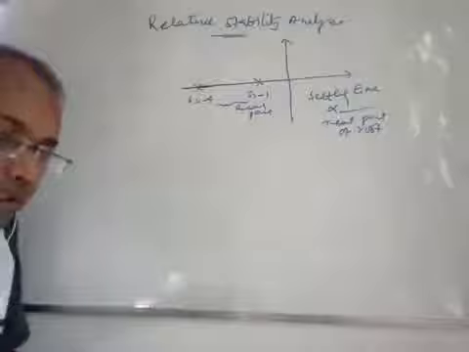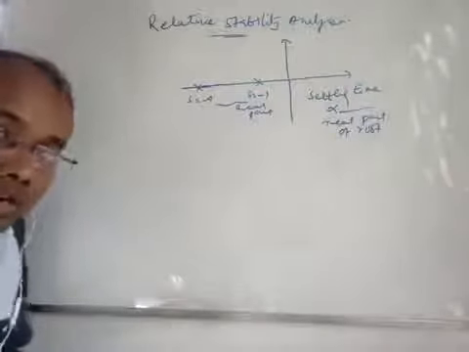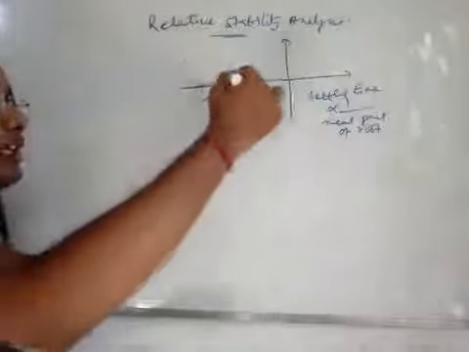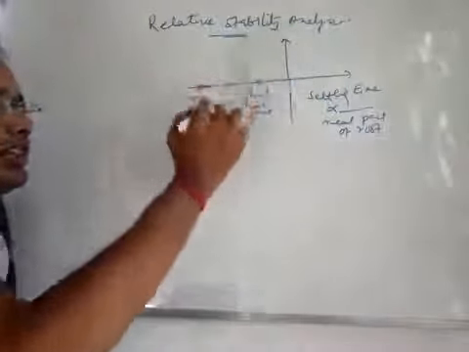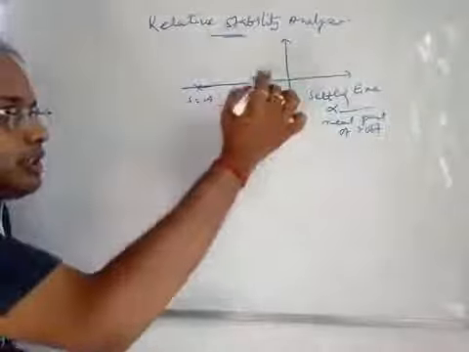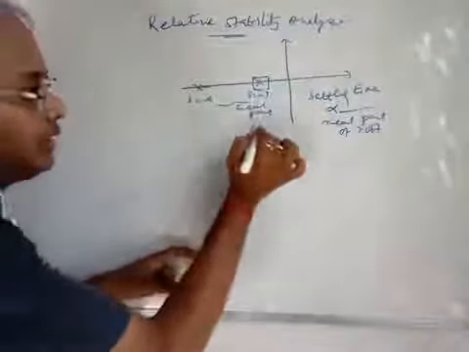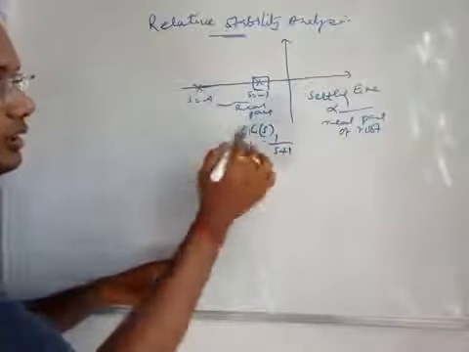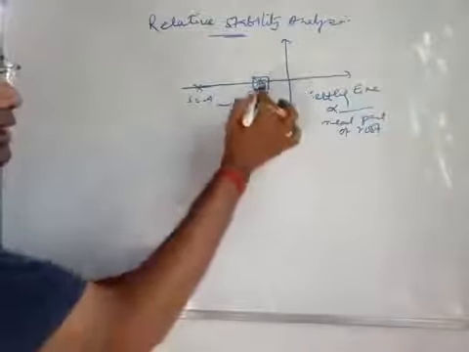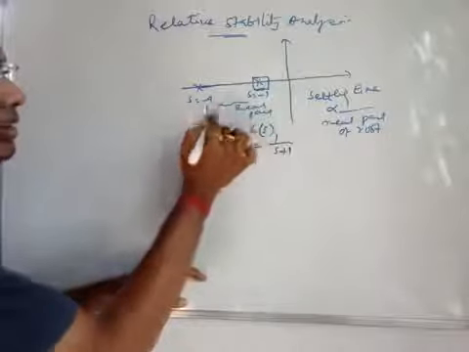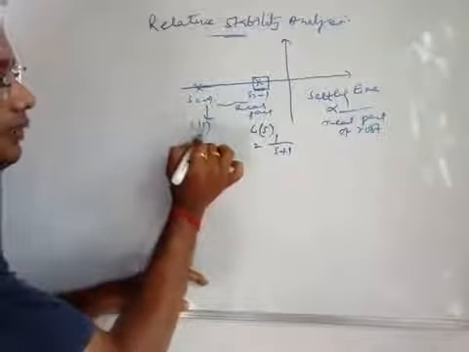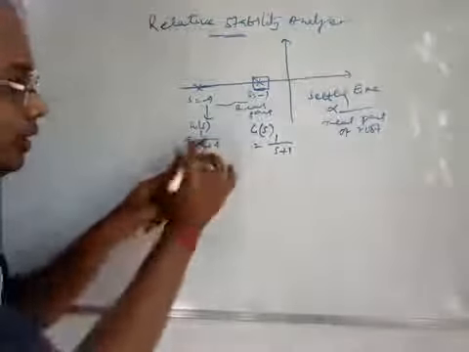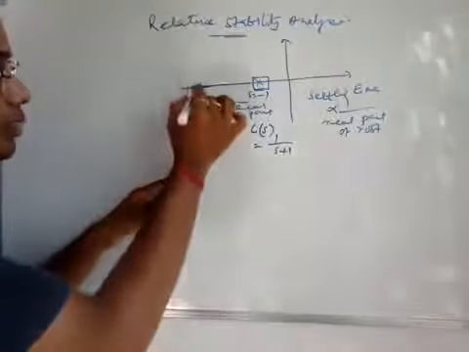So far we have developed the concept of absolute stability. Now say, for example, we have considered one S-plane and two real poles for two different systems. This pole is for one system, say G(s) equal to 1 by s plus 1, that is, the real pole is at -1, and the other system has G(s) equal to 1 by s plus 4, such that the real pole exists at s equal to -4.